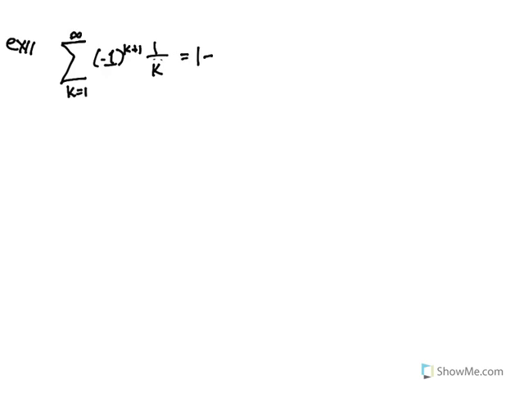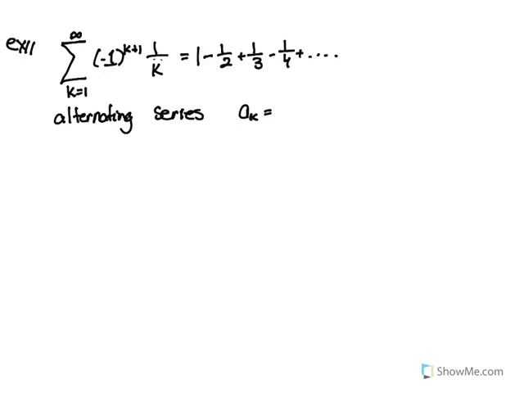So this is just the series 1 minus 1/2 plus 1/3 minus 1/4 plus so on. Of course this is an alternating series, where the corresponding positive sequence is a_k equals 1 over k.